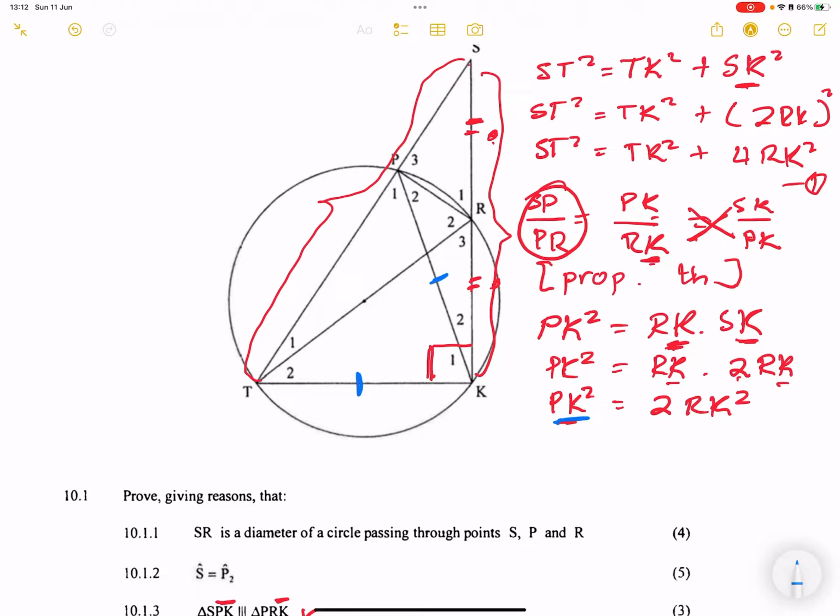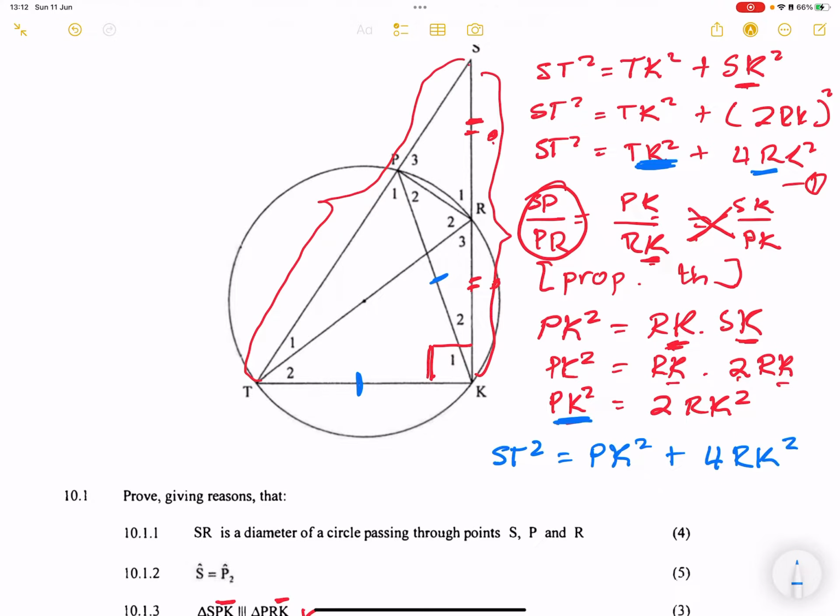So we can substitute PK squared for TK. That means ST squared is equal to, instead of TK, PK squared, plus 4RK squared, which is from this guy here.